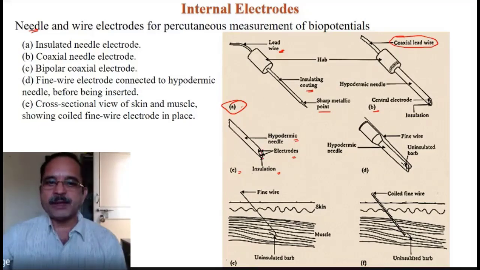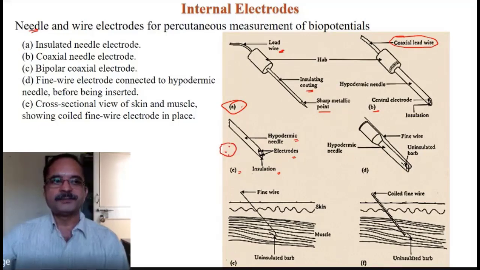Inside this insulation there is one conductor here and another conductor. I'll just draw a bigger diagram. If you take a cross section of this, there is one conductor here and one conductor here. That's why it is a bipolar coaxial electrode. This diagram shows that.